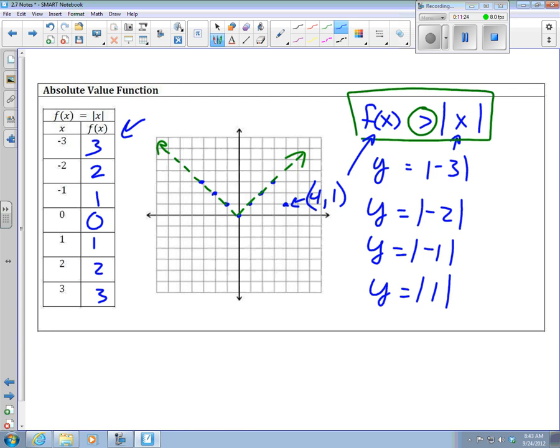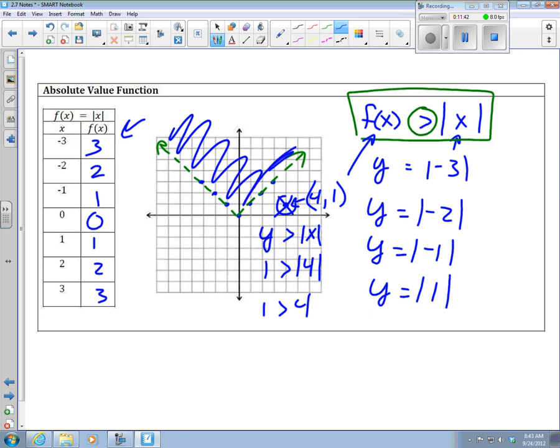Okay, so looking at this function, y is greater than the absolute value of x. Plugging in 1 for the y: is 1 greater than the absolute value of 4? Is 1 greater than 4? No, it's not. That's false. So I'm not going to shade below the graph here. I'm going to shade everything inside this V shape for my absolute value function.